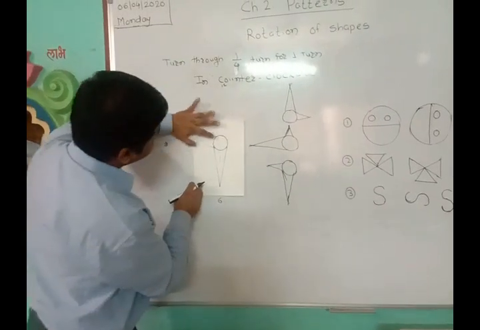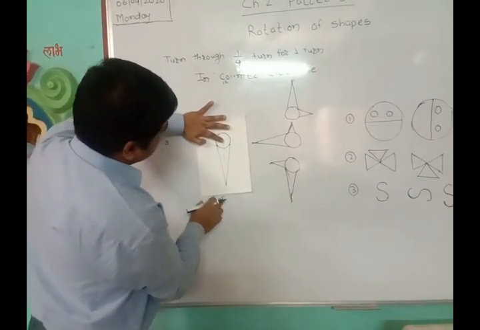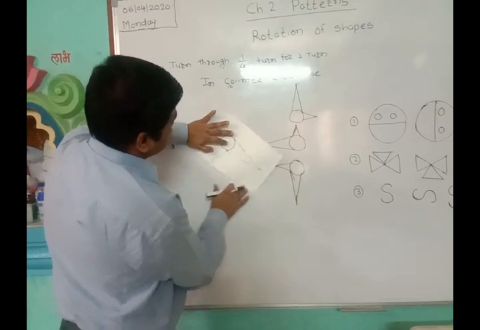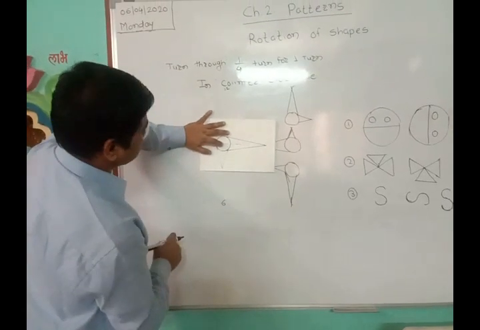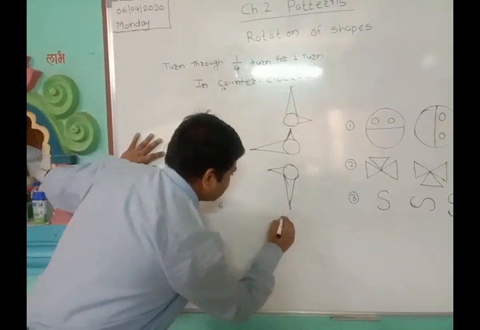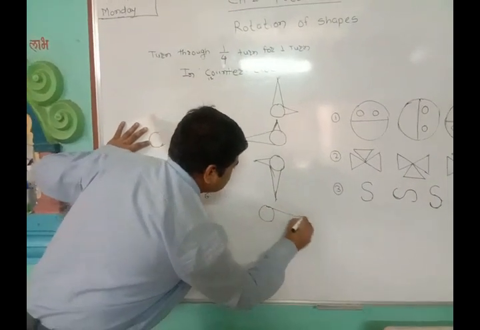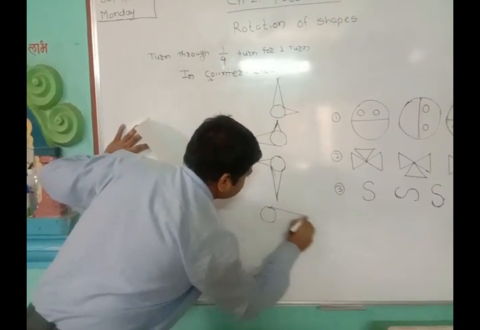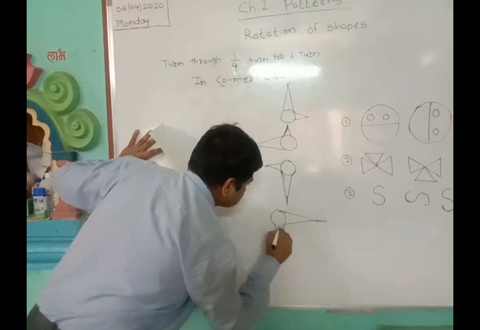For the next one fourth of a turn, the large point will move from 6 to 3 and the small point will now be facing 6. So our last position will be this.